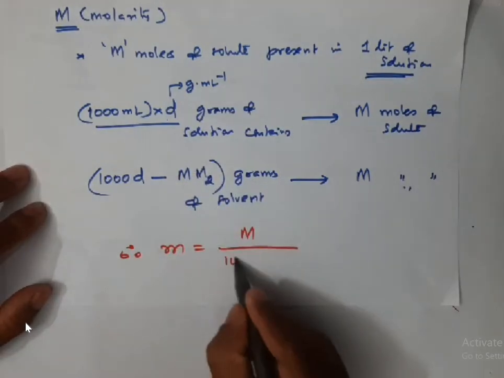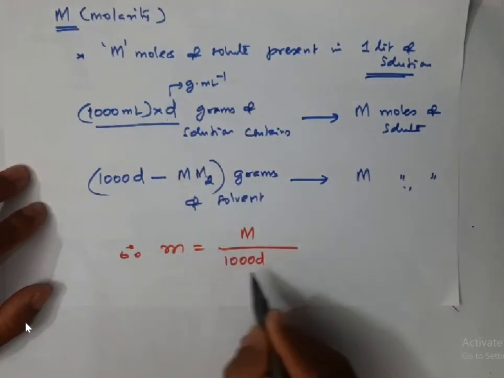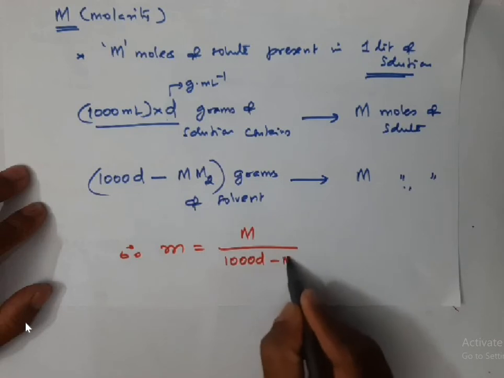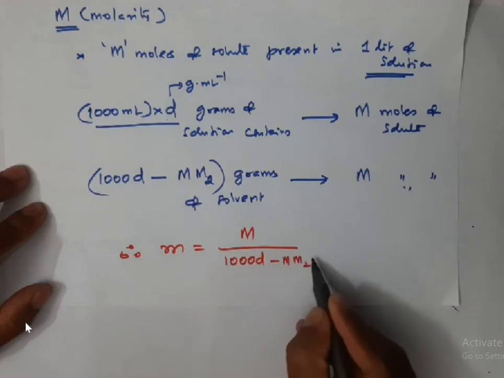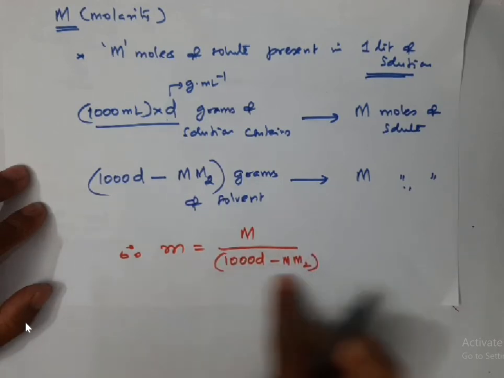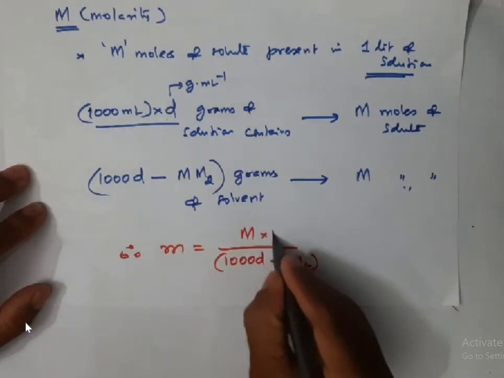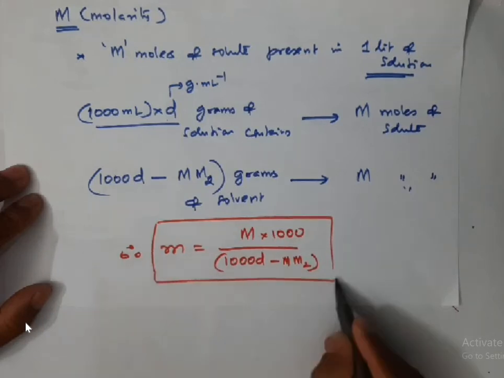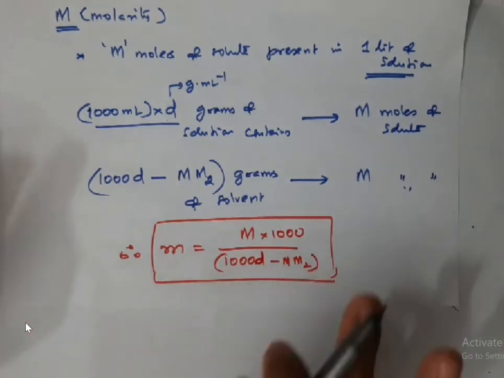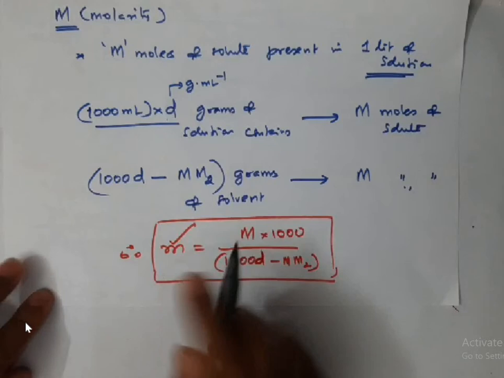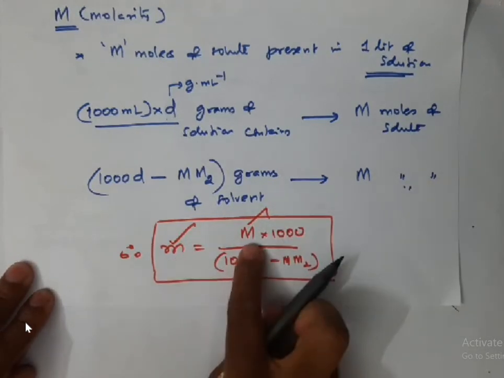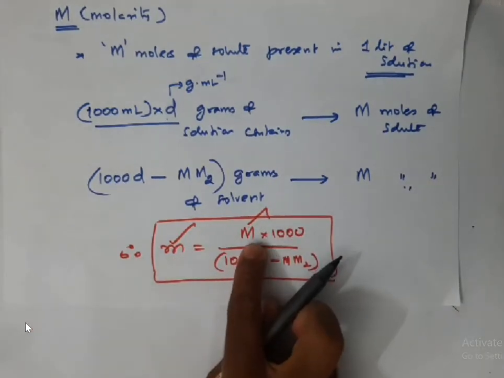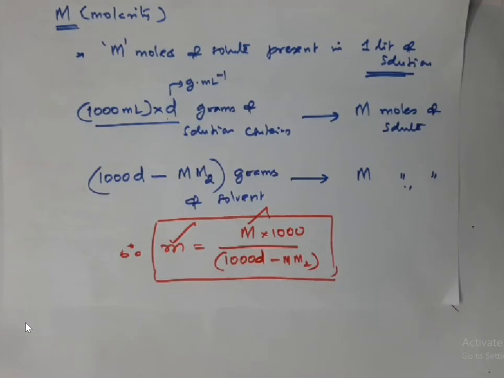So mass of the solvent is 1000 into density minus molarity into molecular weight, divided by 1000. That 1000 will go to the numerator. Yes, students, listen carefully. This is direct relation where I am relating molality with molarity. Note down. I have given you the direct relation.